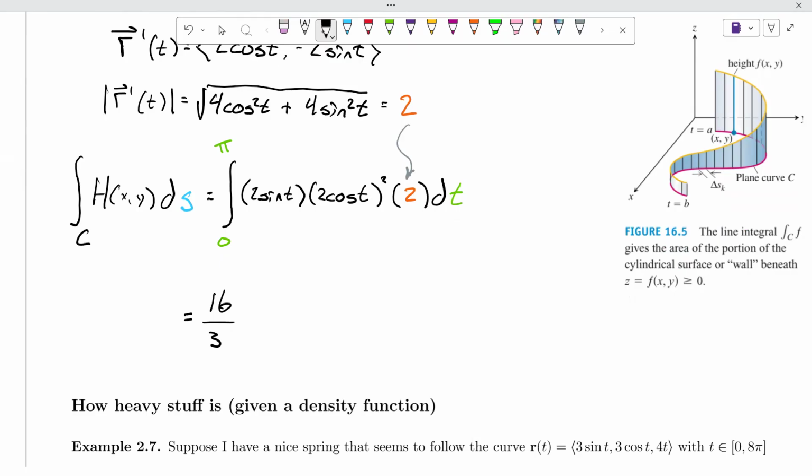But I've basically got to integrate cosine squared times sine dt. So a quick u substitution will tell me that u is cosine, du then is negative sine. So that ought to integrate to cosine cubed t, where I need to evaluate from 0 to pi.